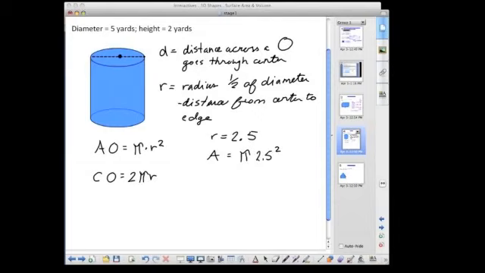Well, 2.5 squared is 2.5 times 2.5, and I can do that out so that I can eliminate the square value, and that will bring me to 6.25.